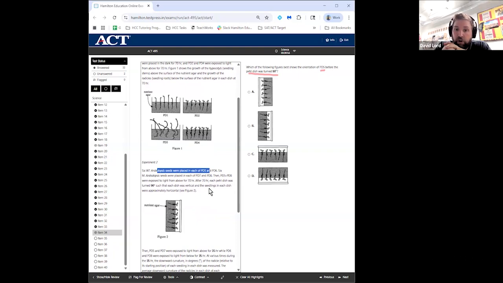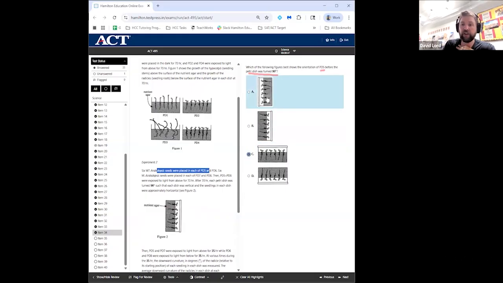So what did it look like before it was turned 90 degrees? The answer, as you might guess, was C, because PD5 was the same as, I think, PD1, and then they rotated it 90 degrees to make it look like that. This one would be rotating 180. That's exactly how it was. Let's go on to the next question, 35.